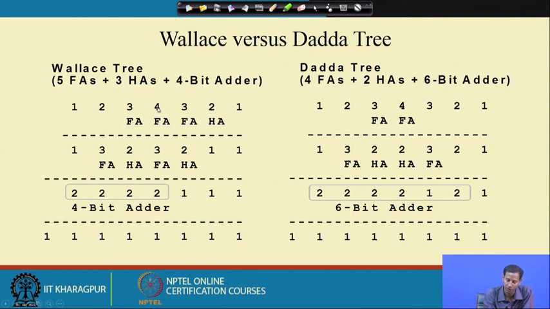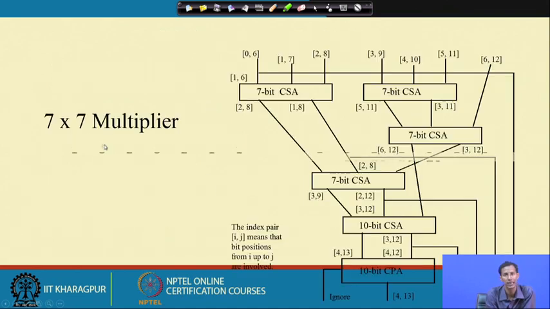So, 3 I have consumed, 1 I have left. 1 has been generated from this, that is another 1 and the carry from here, so that number will become 3. 3 I have already consumed and produced 1, so 1 over here and 1 carry from this particular stage, so this will be 2. Here there was 2, but 1 carry from this particular level, so this will become 3 now.